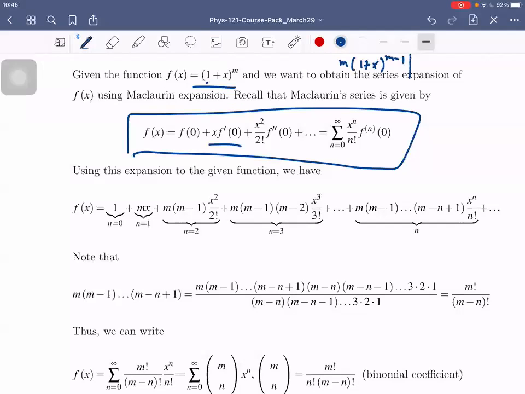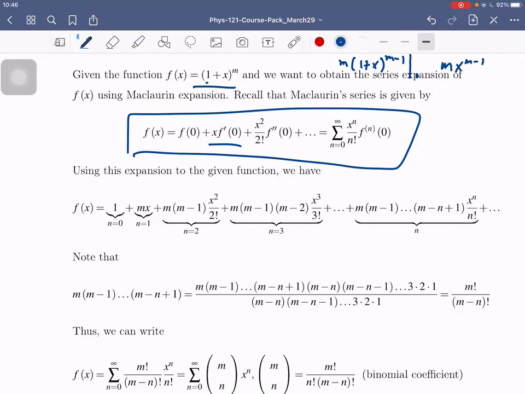Now, evaluate that at 0. Okay? Ano mangyayari? Pag pinata mo ng 0 yung x, magiging m times x raised to m minus 1.